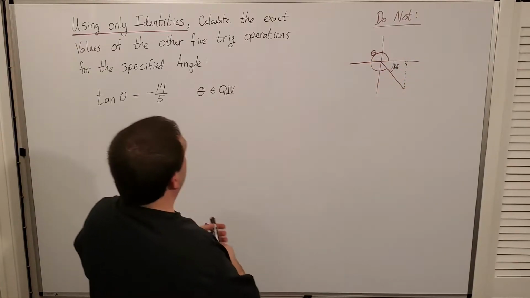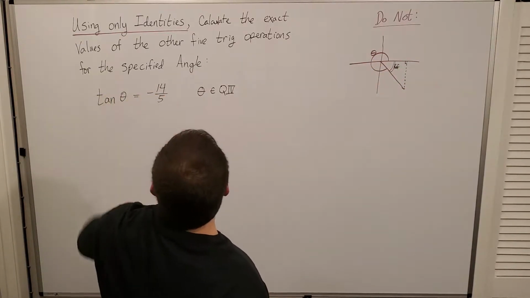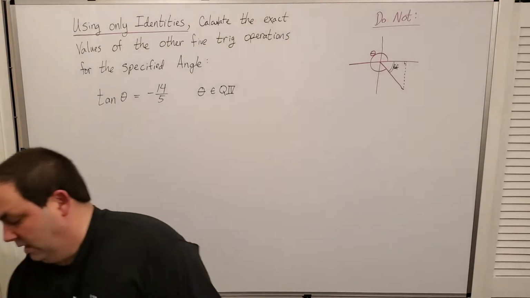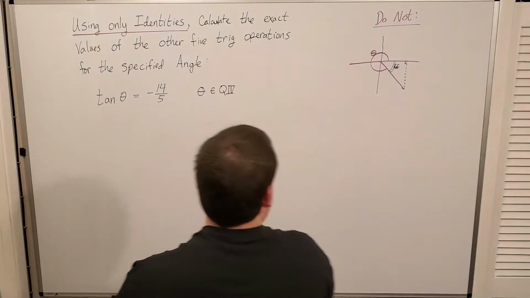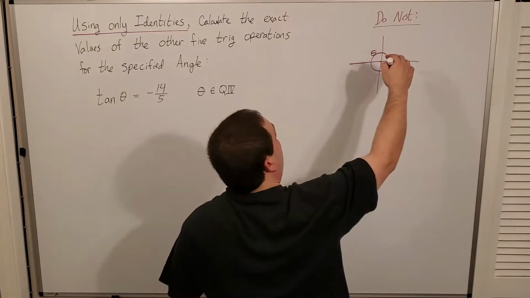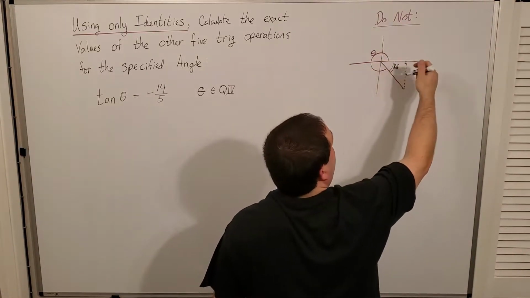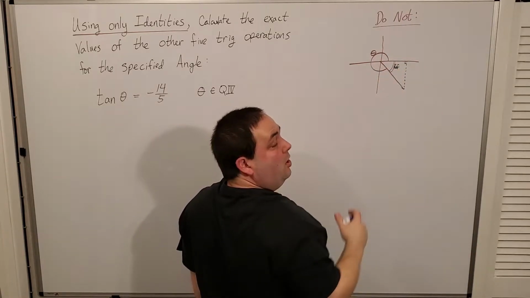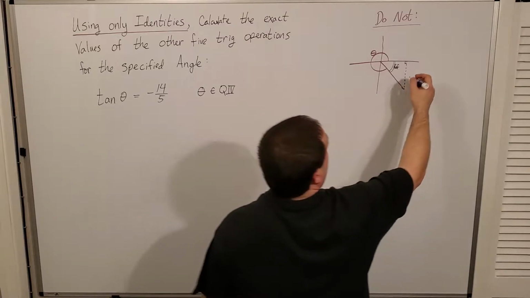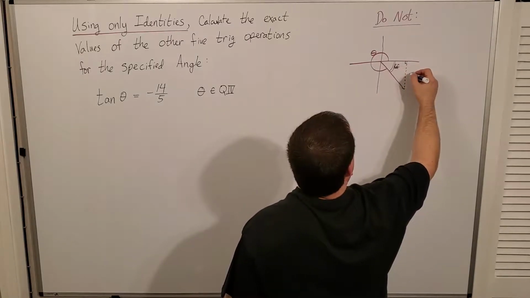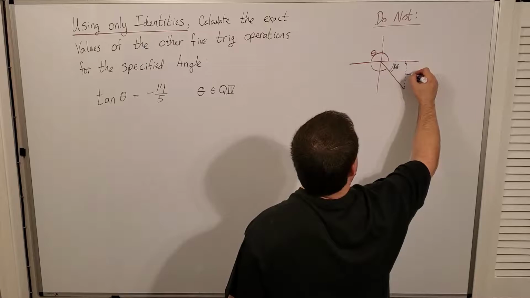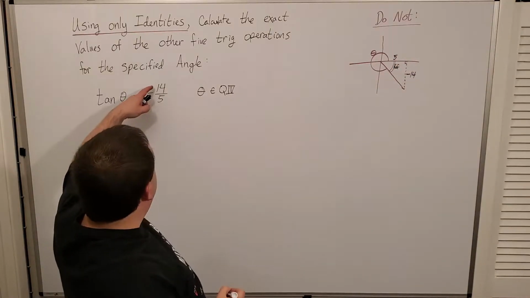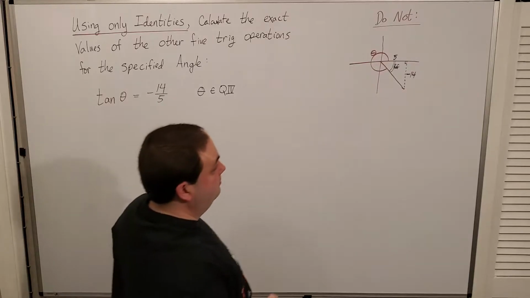But since the tangent of theta is negative 14/5, of course you would then label the sides of what you're not supposed to do. And I'm showing you this in case you're ever doing this on some other test besides this one. Negative 14 would be here, and 5 would be here, because tangent is opposite over adjacent.